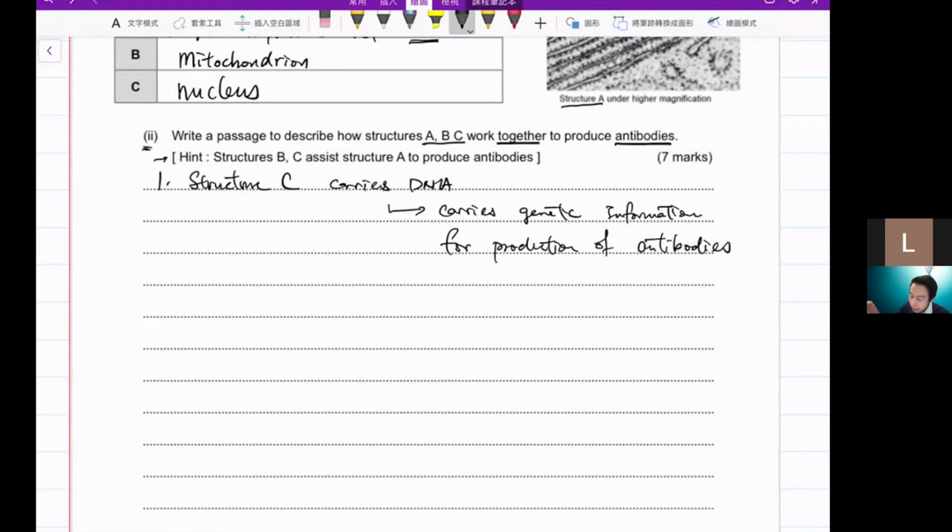Okay, so I would like you to tell me not just that DNA carries genetic information, but you need to tell me the genetic information is for production of antibodies. This is a very important answering skill. So if you say it carries genetic information, then you have 1 mark. If you say the information is for production of antibody, then you will get another mark.